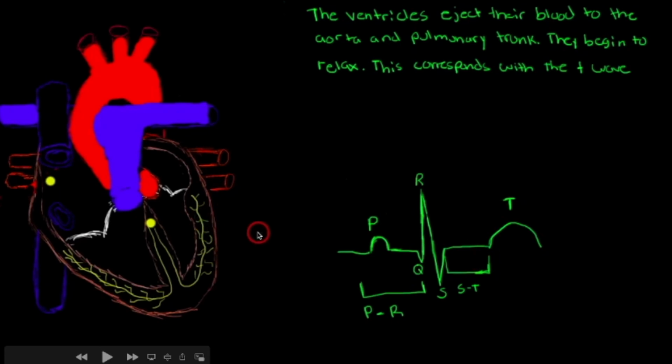And while that's occurring, the atria are starting to contract and their pressure is rising within the atria until the pressure in the atria is greater than the pressure in the ventricles, which will cause contraction to occur, and then the cycle will repeat on and on and on.